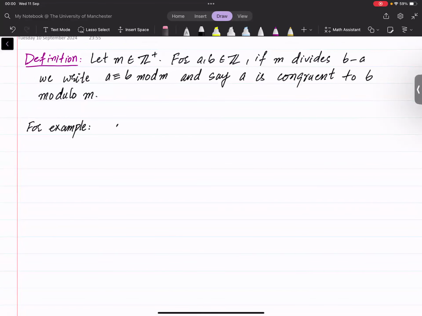Now, for example, we have 5 congruent to 1 mod 2. This means when we divide 5 by 2, we get the remainder 1.